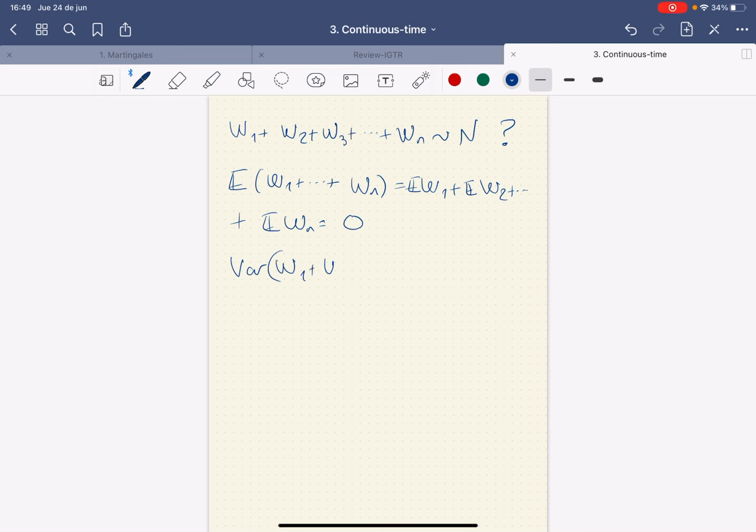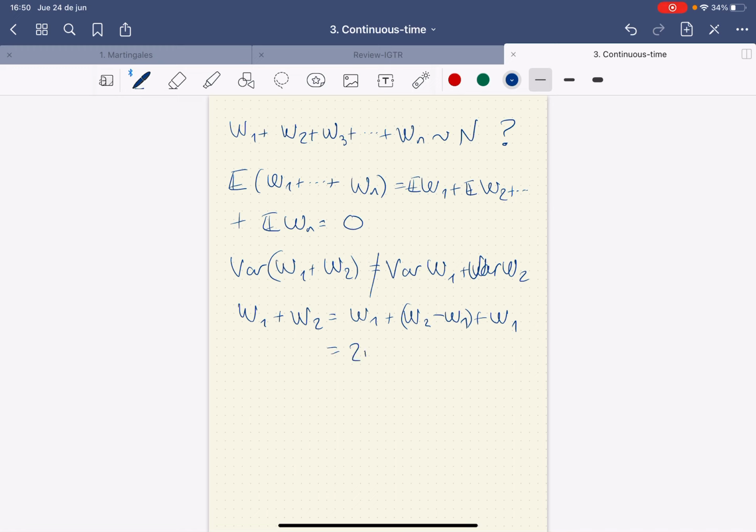one would be hopeful to see that this is true, right? However, we just cannot ensure that this thing is true because these two random variables are not independent and the variance is not a linear operator. So what we will do is that, well, we'll write W1 plus W2 in the form of just W1 plus W2 minus W1 plus W1.